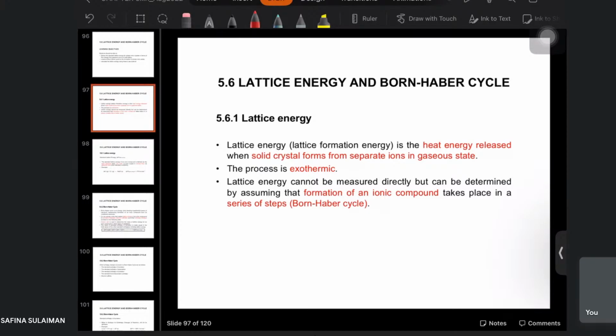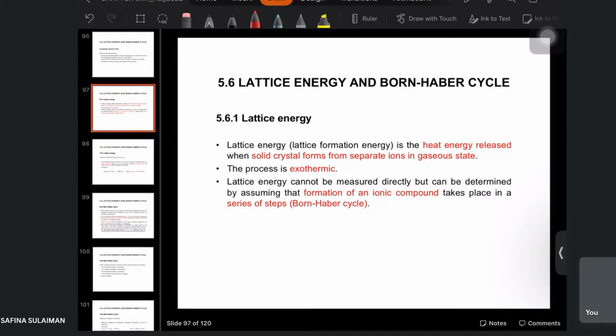Tapi kalau dalam chapter 3, it is the energy absorbed to separate the ions from the solid crystal.